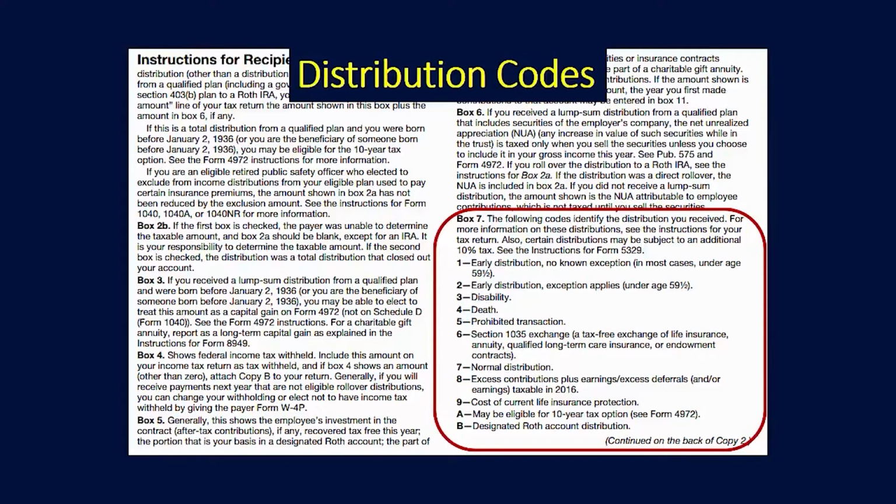And again, we see that the distribution codes appear in box 7. The ones that we want to highlight, the ones that are typical, are code 1, an early distribution, and code 7, a normal distribution.